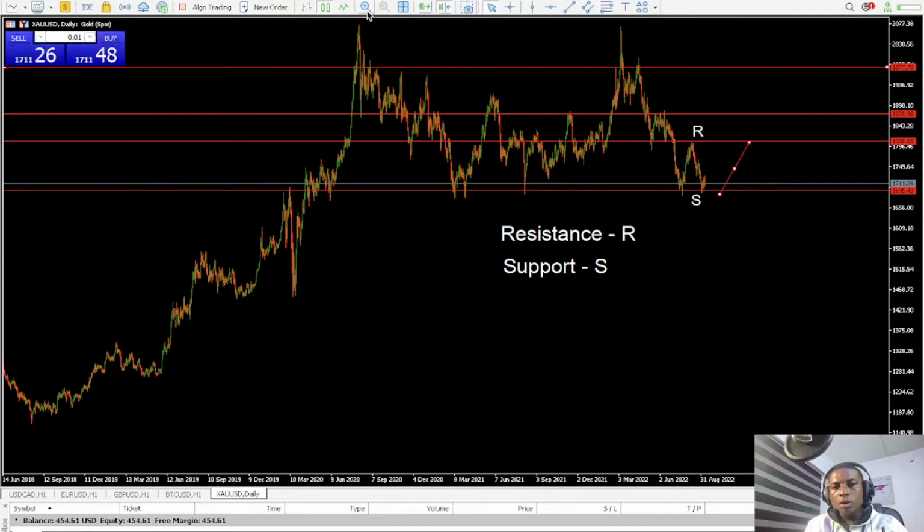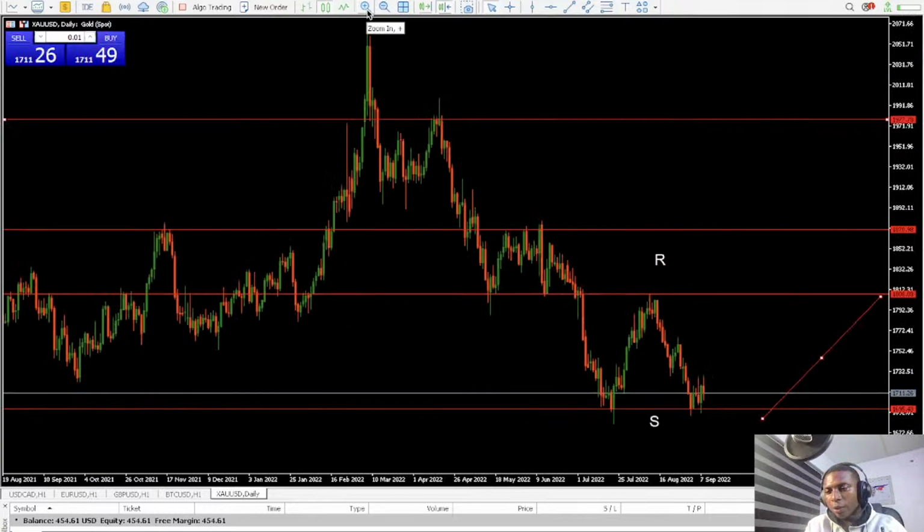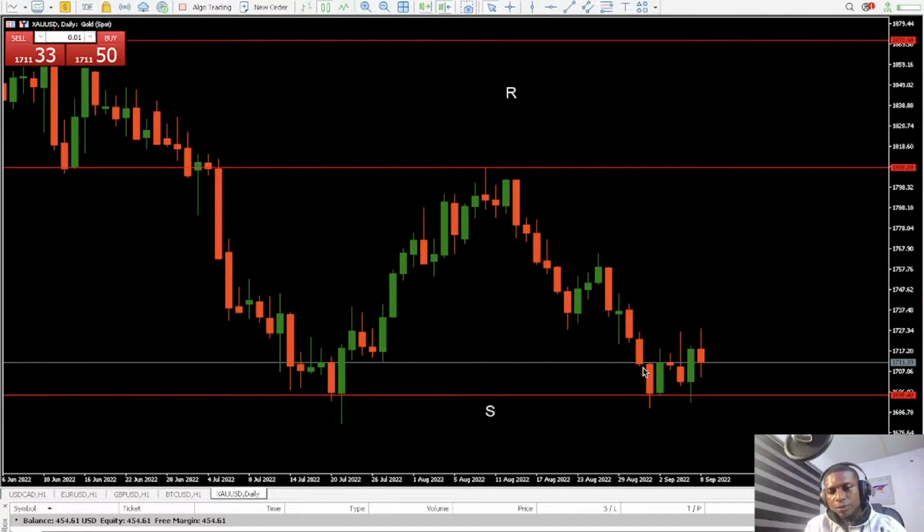When you zoom in, you will discover that when price came to touch this level, price moved up a bit. Let's zoom in on this and see what price did here.